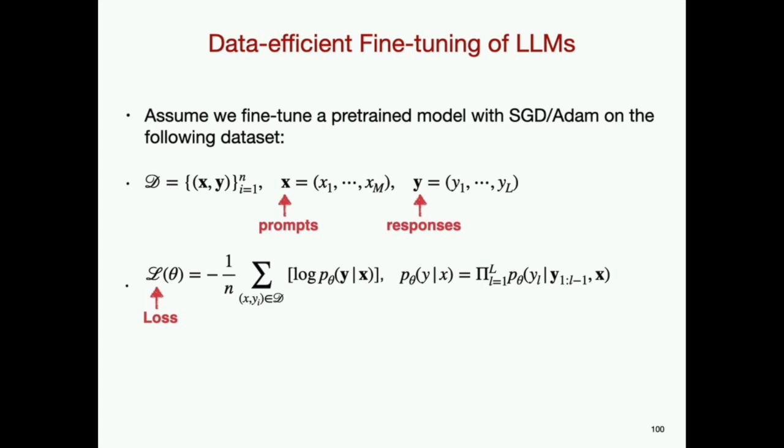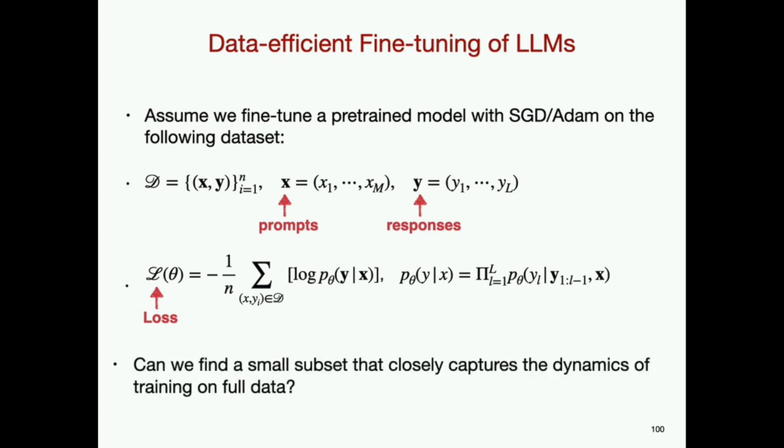We minimize the negative log likelihood like many other loss functions. And the question is, can we find a small subset that closely captures the dynamics of training on the full data, or fine-tuning, in this case, on the full data?